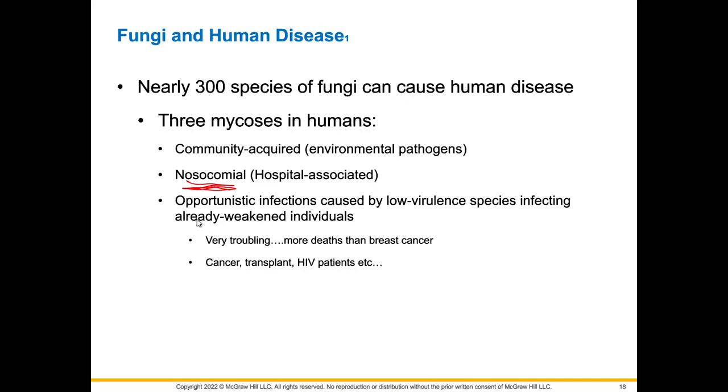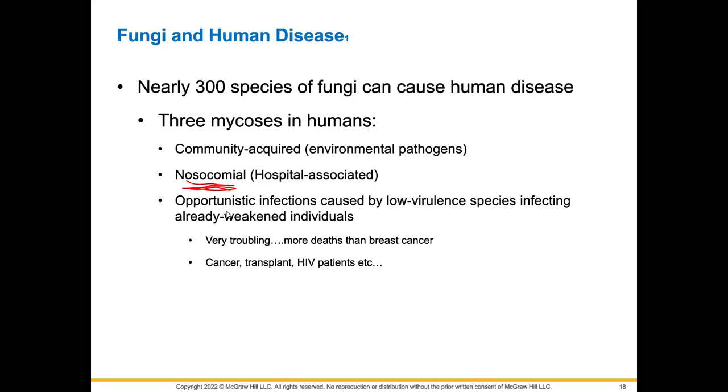And finally, opportunistic infections are another possible way of contracting these mycoses. Opportunistic infections occur when an individual that normally would not contract this infection gets the infection because they have a weakened immune system.